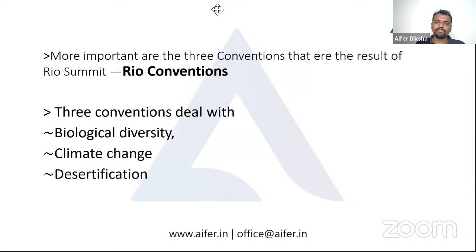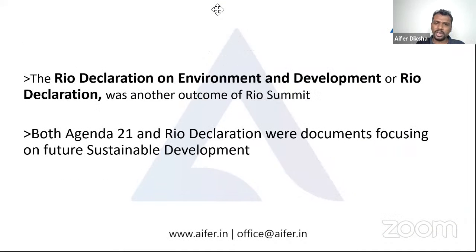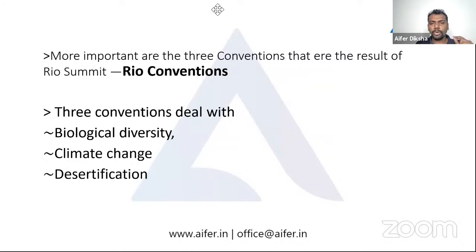There are different outcomes of the Rio Summit. We have Agenda 21, the Rio Declaration, and the most important outcome, which is specifically mentioned in the syllabus: three conventions, together known as the Rio Conventions.